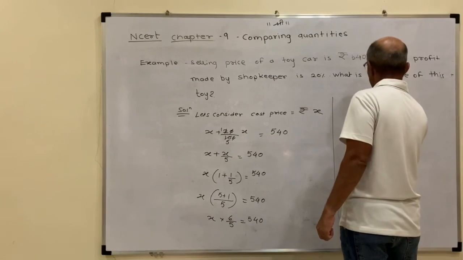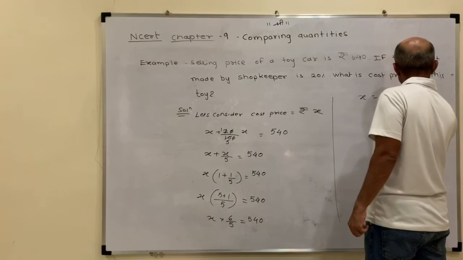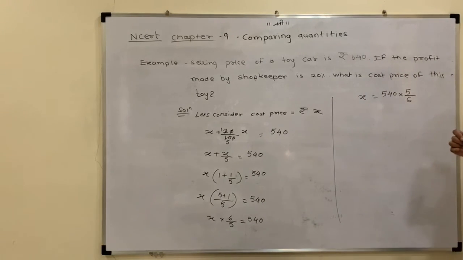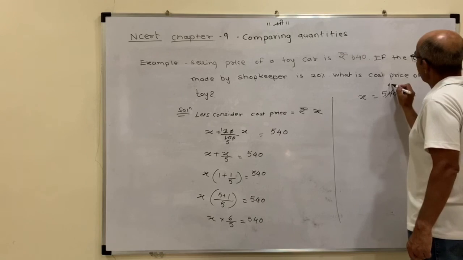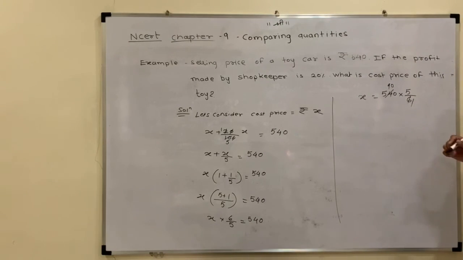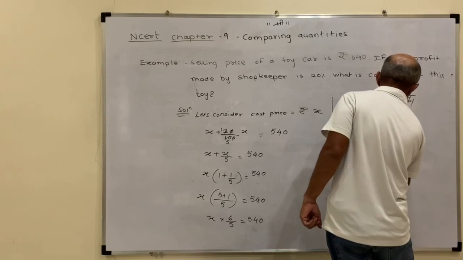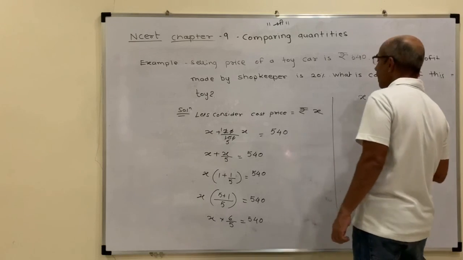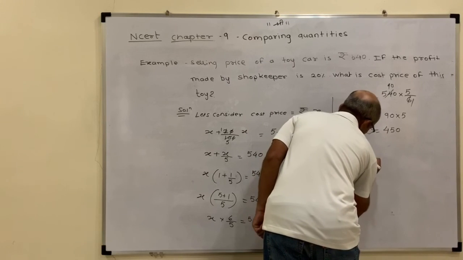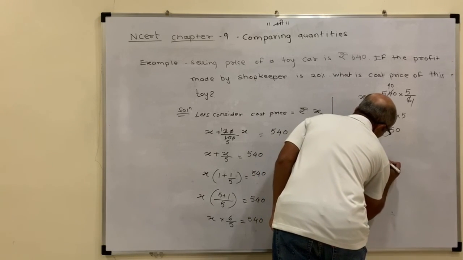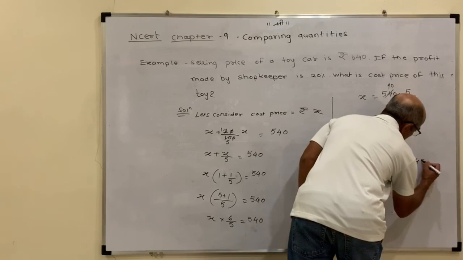So X equals 540 into 5 divided by 6. 6 ones are 6, 6 nines are 54, so 90 into 5 comes out to be 450 rupees. So the cost price of the car equals rupees 450.